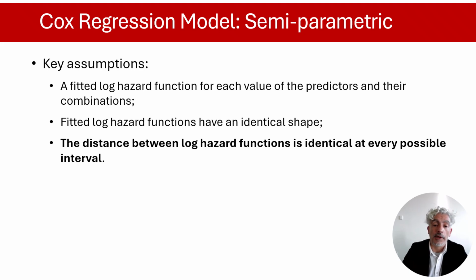The Cox regression model is also semi-parametric in other ways because, for example, it relies basically on the ordering of event occurrence. Again, some of the references I've provided with these resources discuss these issues in more detail if you are interested. However, the Cox regression model does make some assumptions.